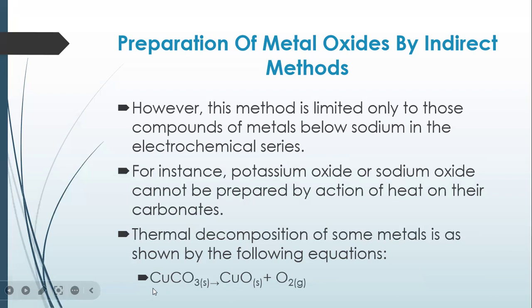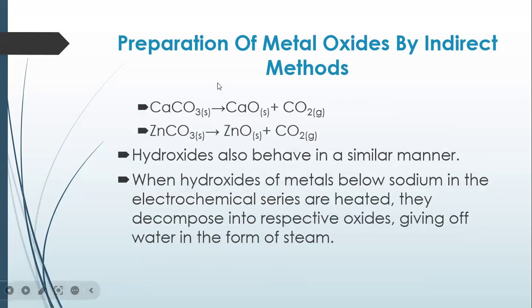Take an example: copper carbonate decomposes to copper oxide plus carbon dioxide gas. This is the first example of thermal decomposition of copper carbonate. Then the other example, calcium carbonate decomposes to calcium oxide plus carbon dioxide gas. And then zinc carbonate decomposes to zinc oxide plus carbon dioxide gas.